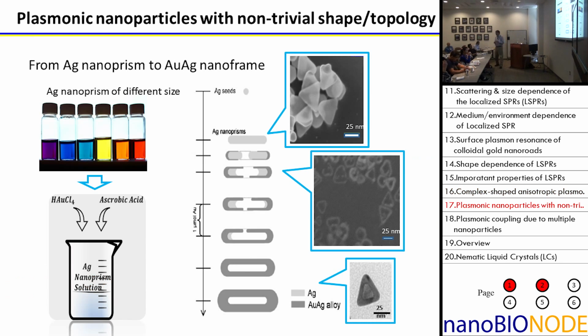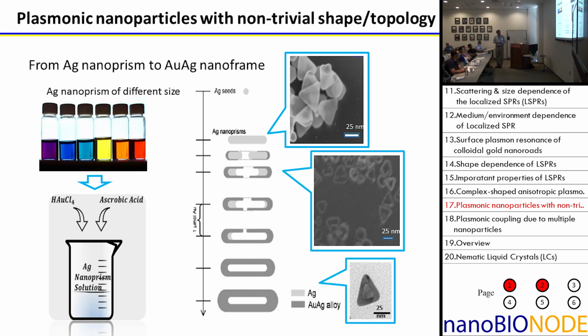Now, how do you do this kind of synthesis, right? So an example in here shows how we can produce nanoparticles with quite elaborate shapes using gold and silver chemistry, right?